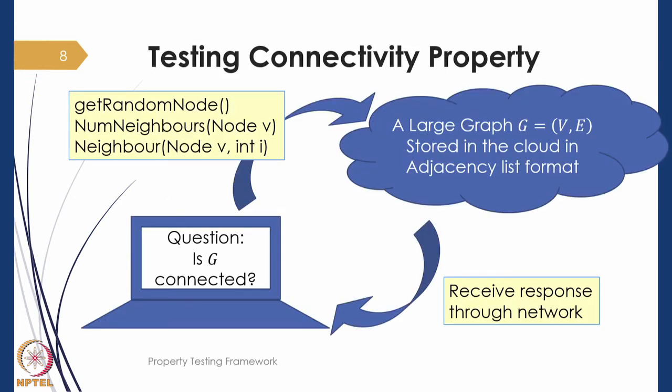So let us briefly look at the two examples that we will be considering in the next two segments of our lecture. The first property that we will be concerned with is testing whether a given graph is connected or not. So the cloud has a large graph. Let's say it's stored in the form of an adjacency list. And locally we have the question: is the graph connected or not?